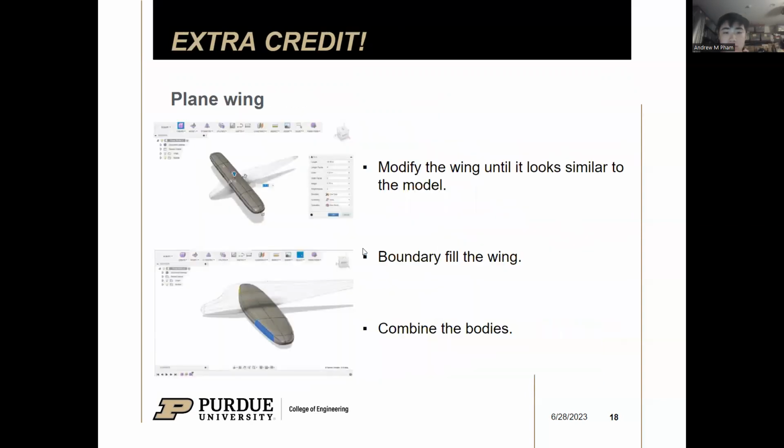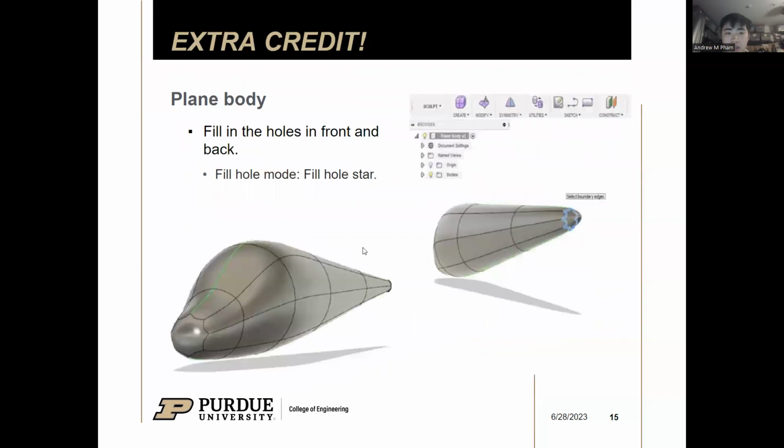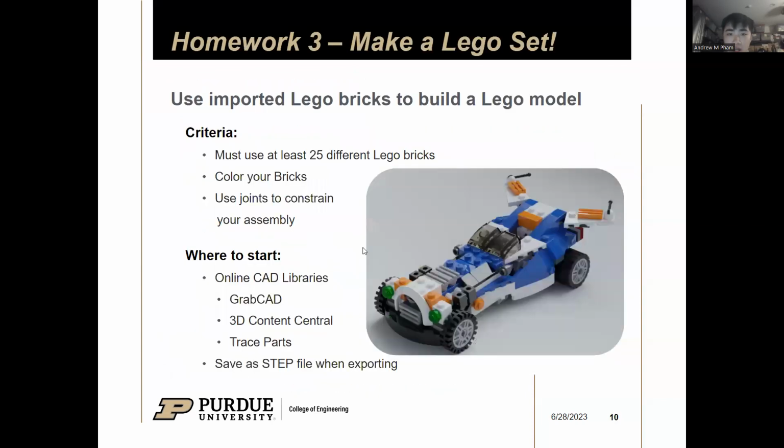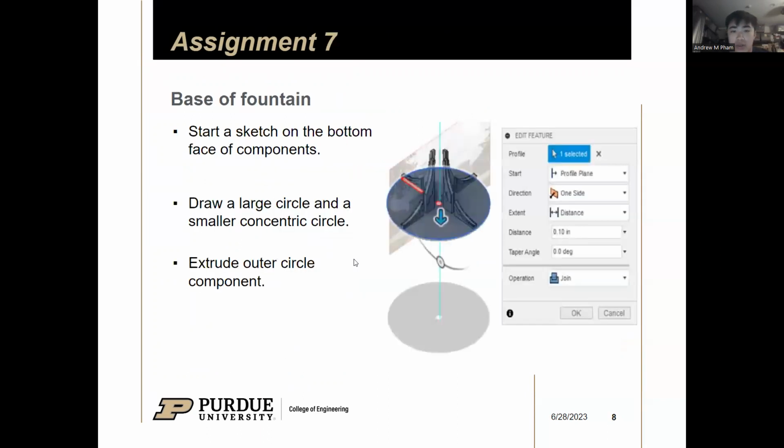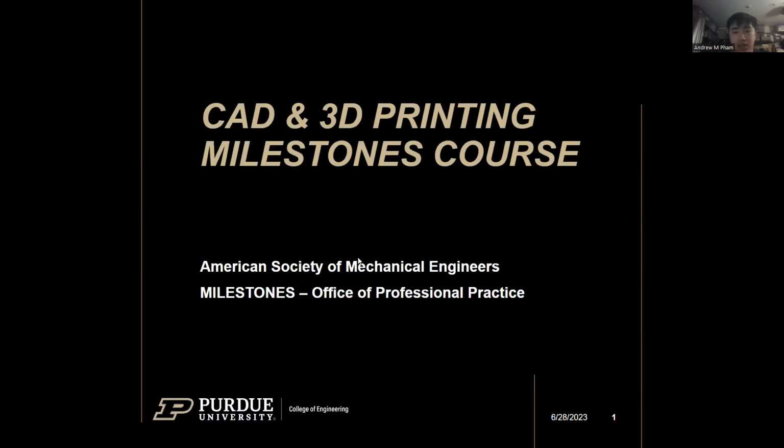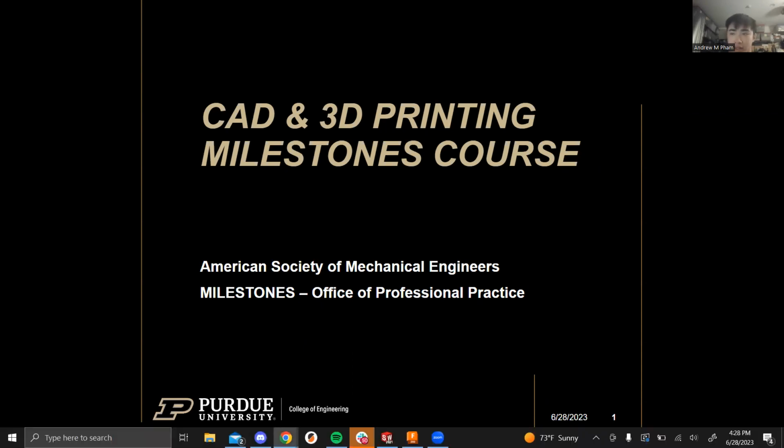And I had another slide here. But I guess it's not here. But I also just wanted to go over your final project for this class, because we do have a final project, and it's basically just allowing you to be creative and create your own design, right?